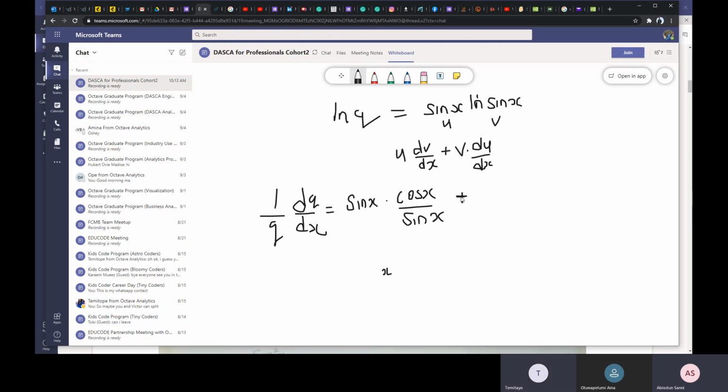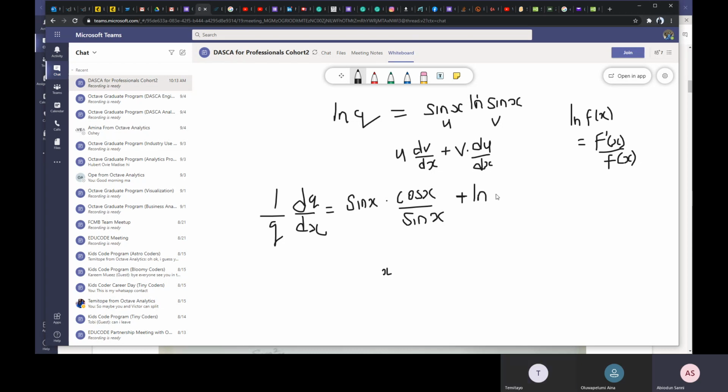It is not 1 over sin x. If you want to differentiate ln f(x), it's actually f'(x) over f(x). So plus v. What's my v?